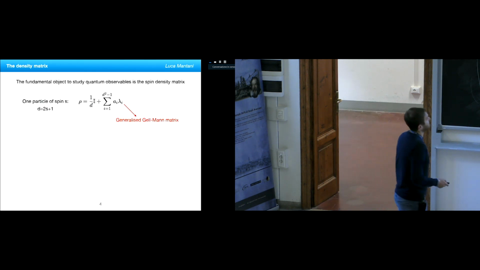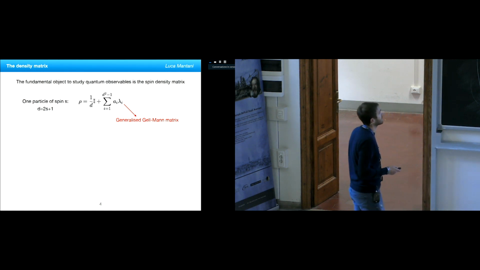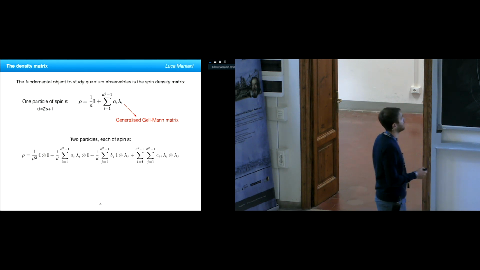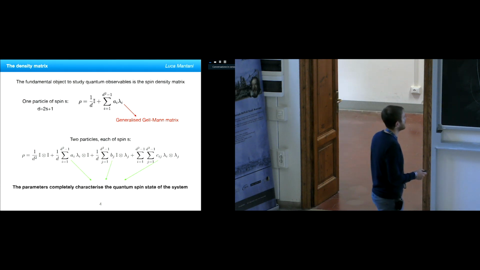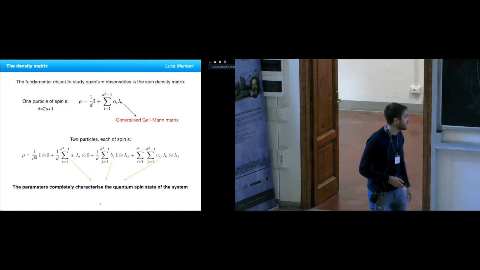Now, the fundamental object that we study is the spin density matrix that, according to the spin of the particle, will have a different dimension. It can be decomposed in general in the generalized Gell-Mann matrices. When you have two particles, this is the generic expression, okay? And all of these parameters completely characterize the quantum spin of the system.